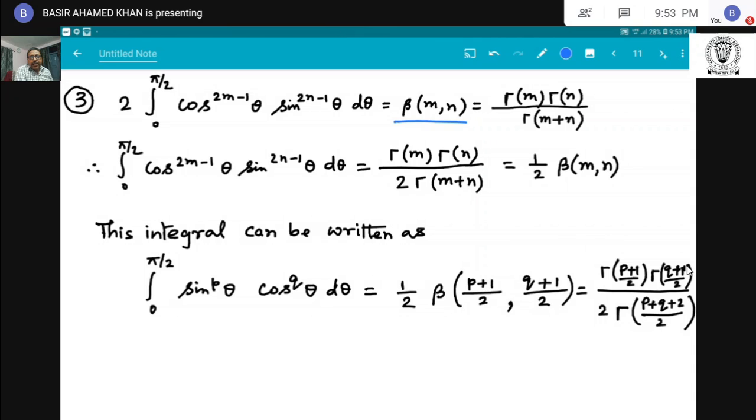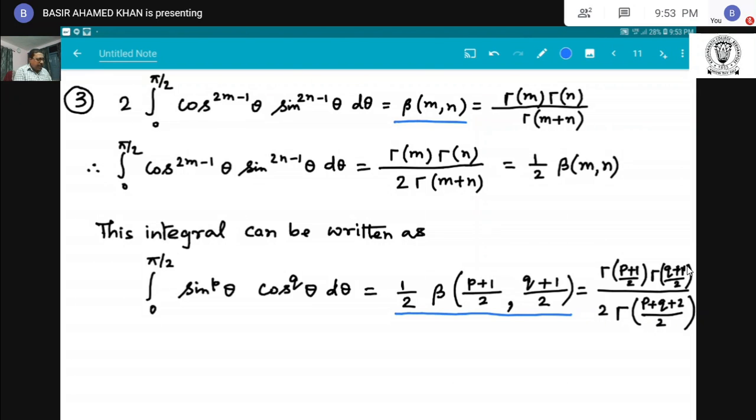Then this integral can be written as integration over 0 to pi by 2 sine to the power p theta cos to the power q theta d theta equal to half of beta p plus 1 divided by 2 comma q plus 1 by 2.